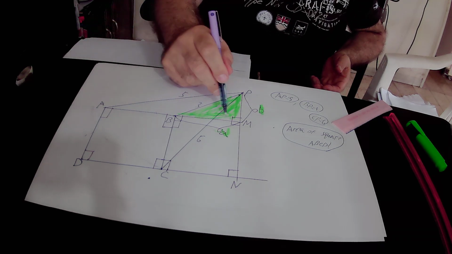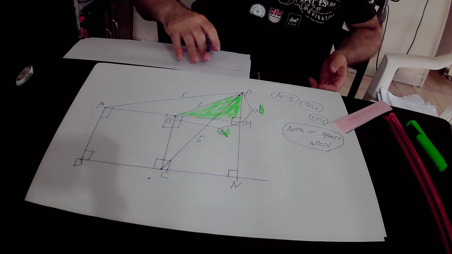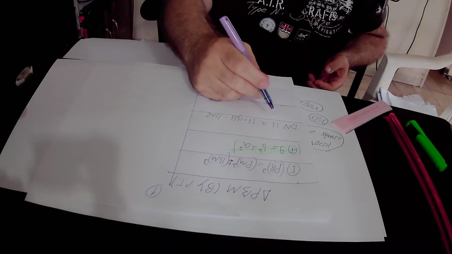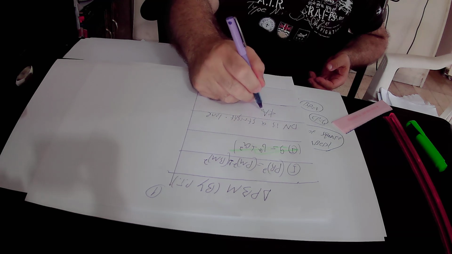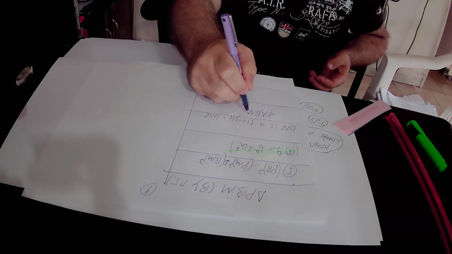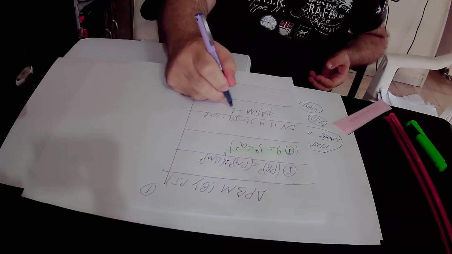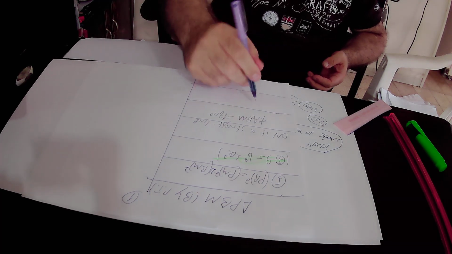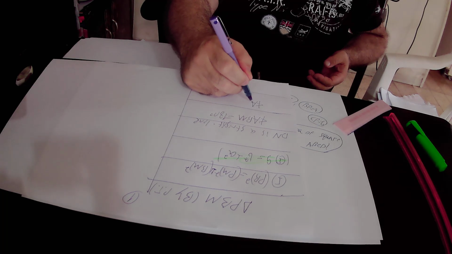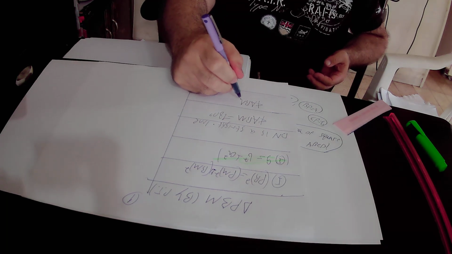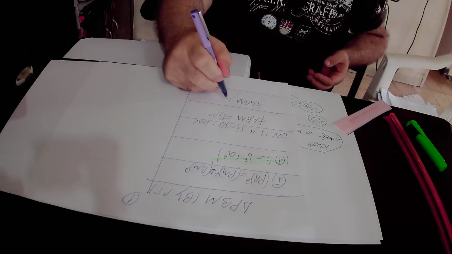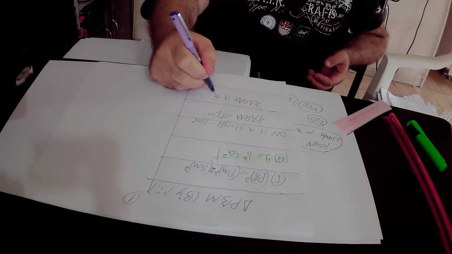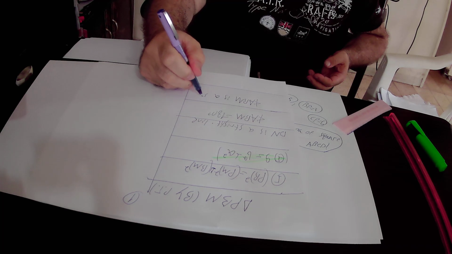That is to say, angle ABM is equal to 180 degrees. Therefore, angle ABM that is equal to 180 degrees is a straight line. Any angle that is equal to 180 degrees must be a straight line.